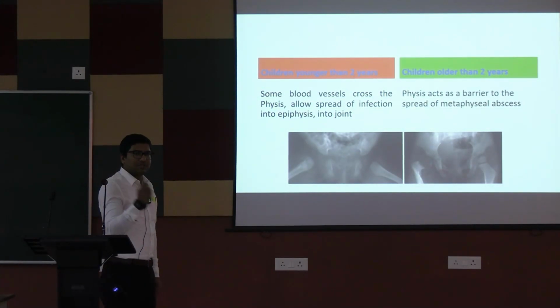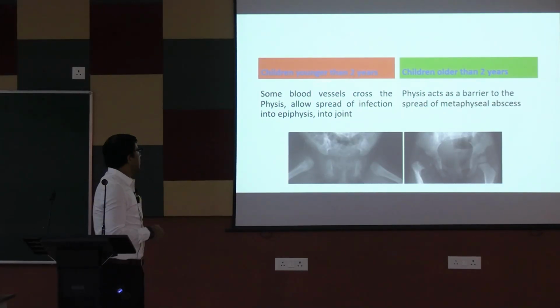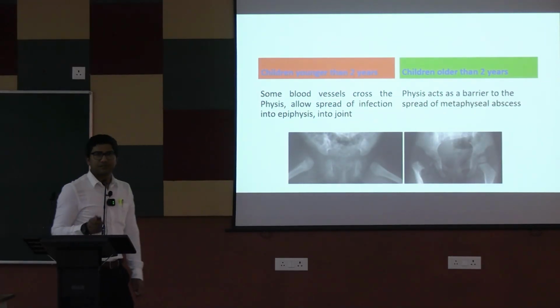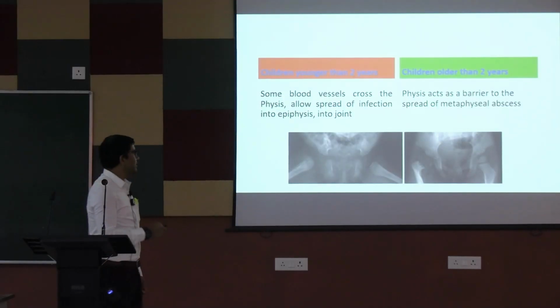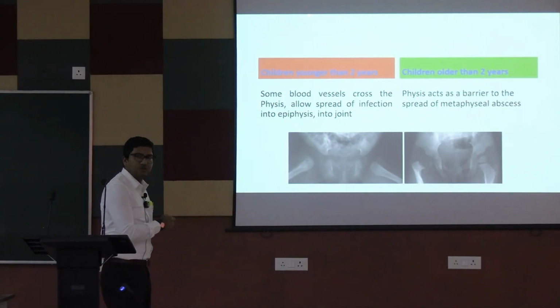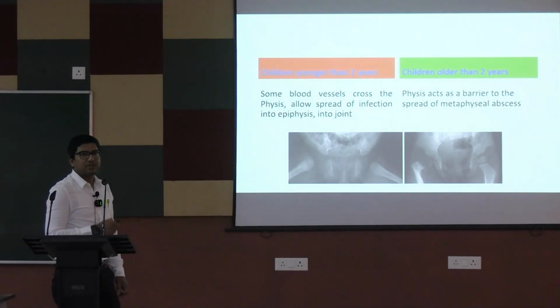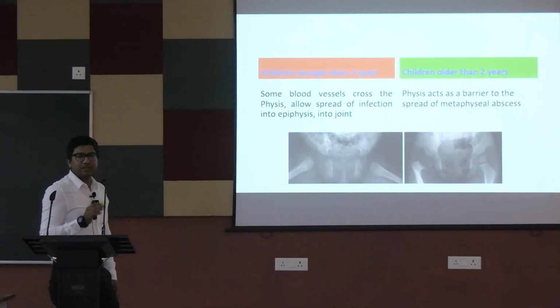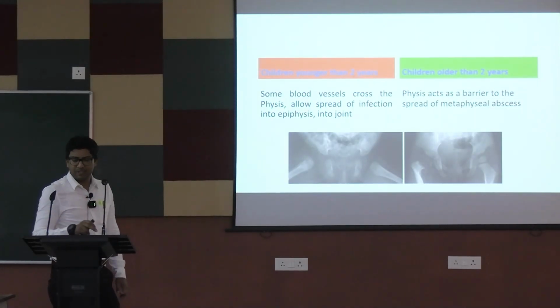And depending on the blood supply, in children younger than 2 years, I have discussed with you previously, we have to remember the physis, the growth plate, basically prevents spread of the infection.